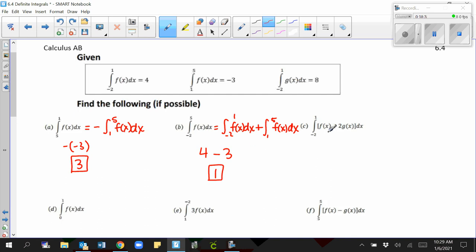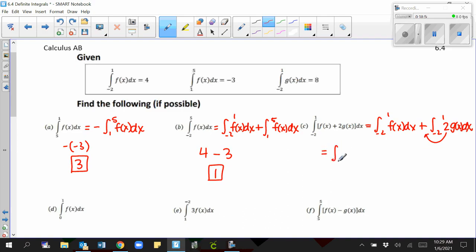All right, looking at C right here, we're actually going to use two of our rules. We've got an f of x and a g of x, so I'm going to go ahead and split those using our addition subtraction rule. So I'm going to have the integral from -2 to 1 of f of x dx plus our integral from -2 to 1 of 2g of x dx. And then that 2 is going to be my constant rule. I can take that out.